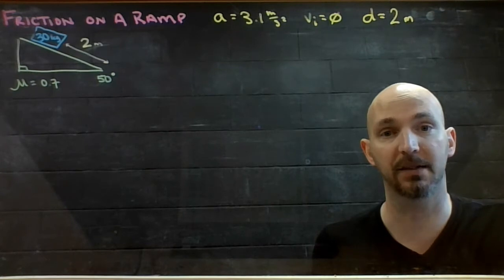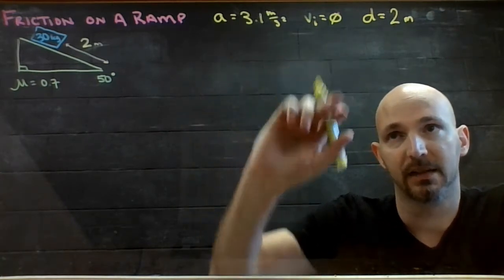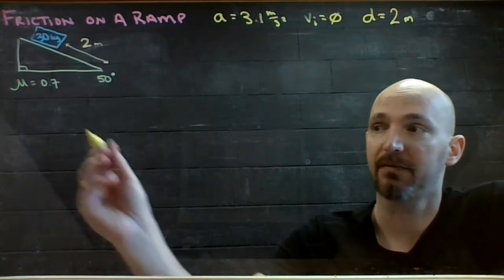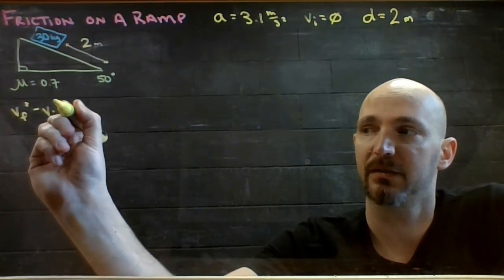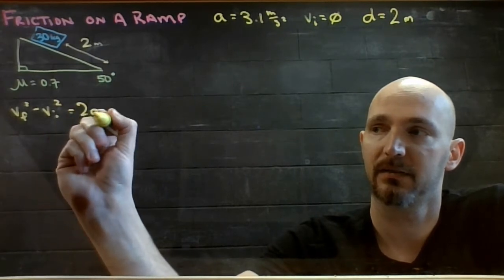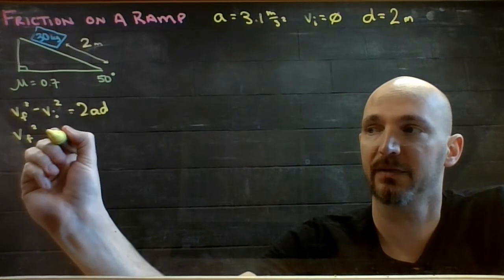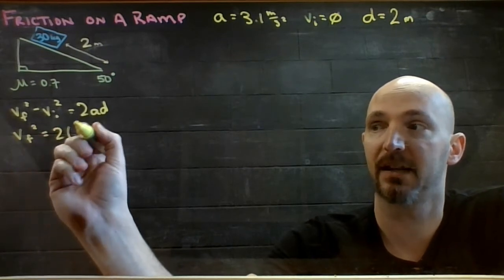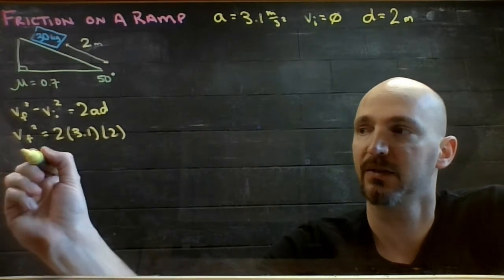Okay, we're going to try some kinematics. With a VI, an A, and a D, I can get VF if I use this particular equation. So my V final is what I'm after. My acceleration was 3.1, and my distance was 2 meters.